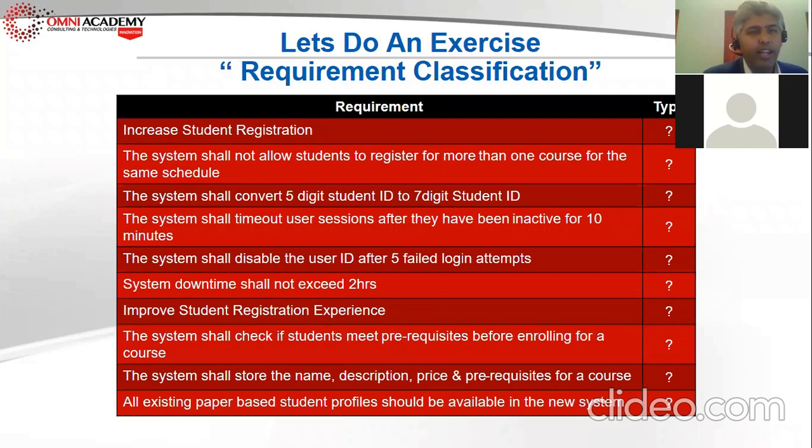Yes, absolutely right. The system shall convert the 5-digit old student ID to a 7-digit ID. Is it a functional requirement or non-functional? Convert 5-digit student ID to 7.